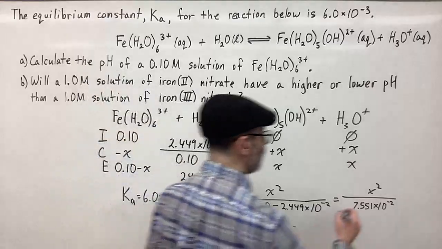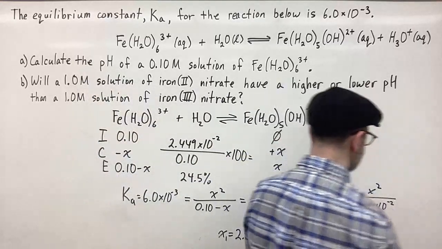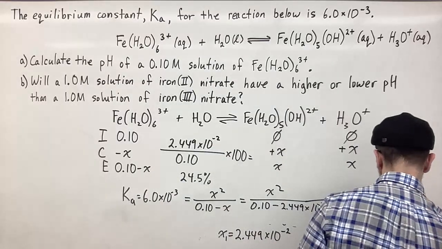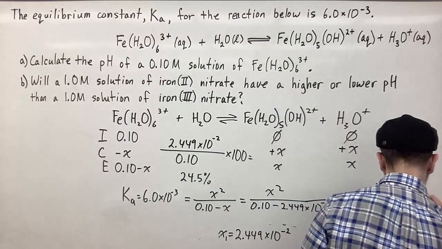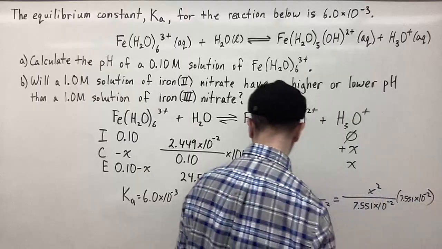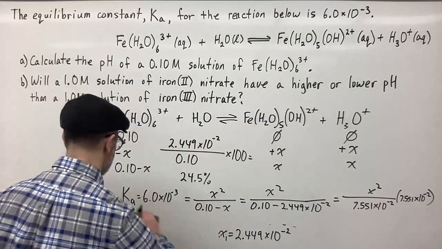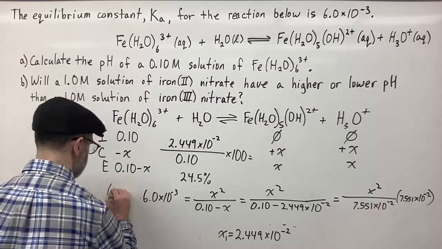And then I'm going to multiply both sides by the bottom here. So I'm going to multiply this by 7.551 times 10 to the negative 2.